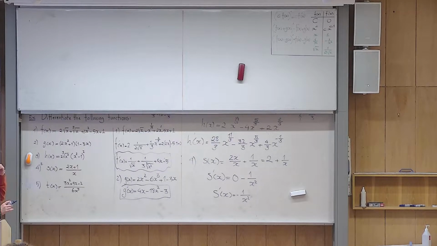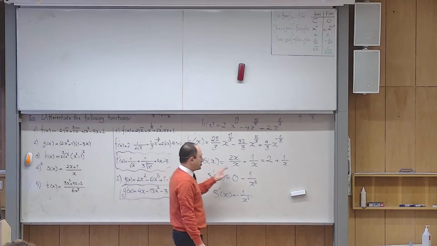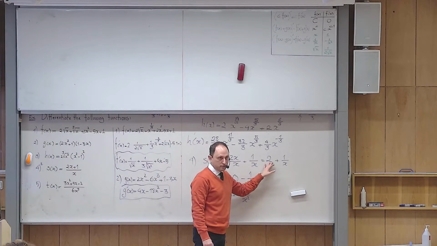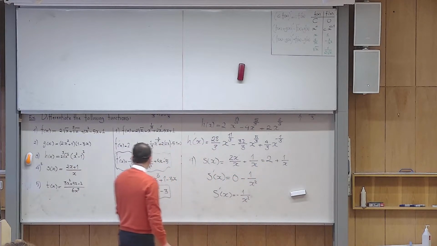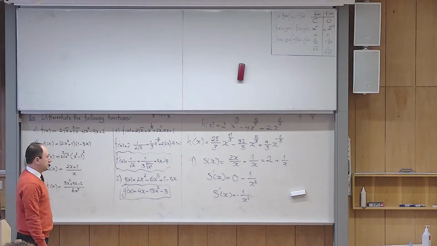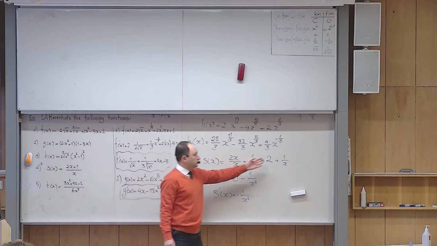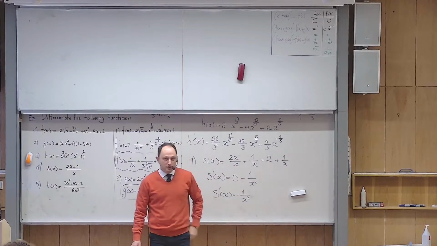I mean, don't think that these functions are quite different. They can differ at most by an additive constant. So if I have this function, it might look very different from 1 over x, but this is not.